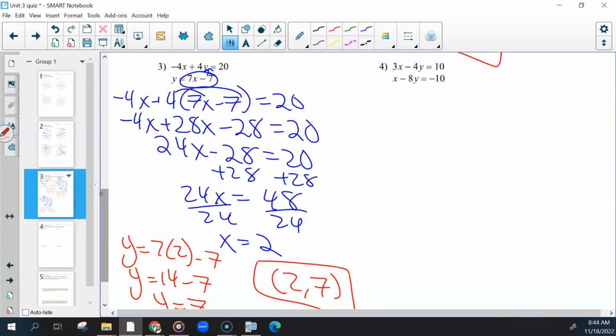Number 4, you needed to solve for a variable. Look for the variable that's either close to being by itself, maybe it has a negative in front of it, maybe it has a plus in front of it, or it has nothing in front of it. Solve for that variable. So add 8y to both sides. Some of you were really focused on solving for y, but you didn't need to solve for y.